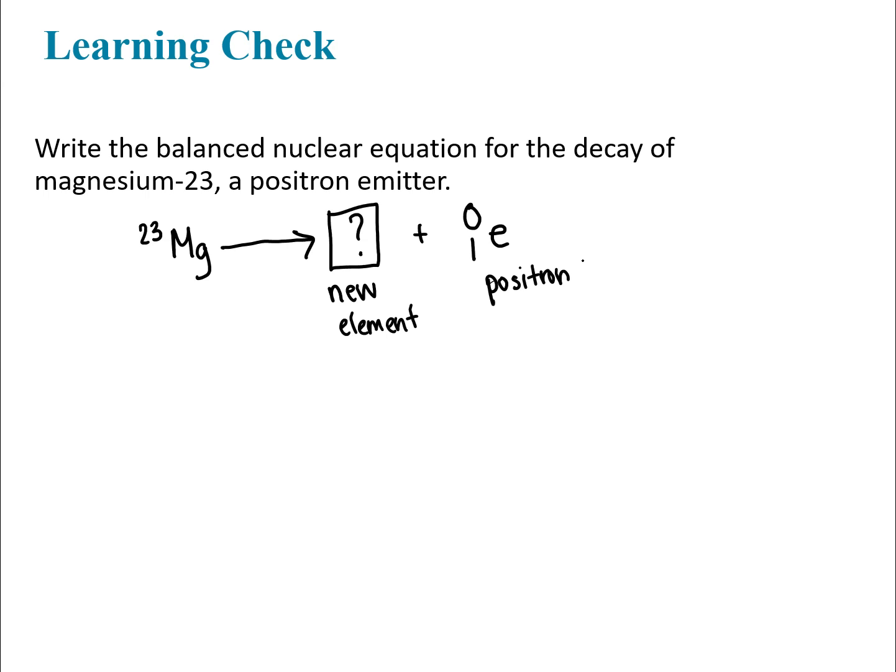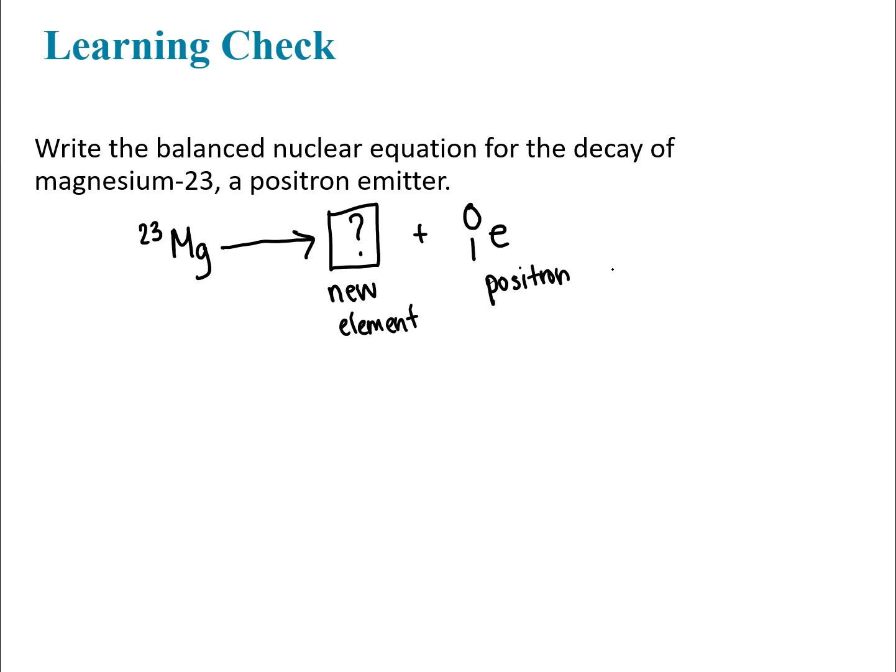That's that kind of anti-electron. So it's high energy. It doesn't have a mass number, but it's got a charge of +1. So its atomic number is 1. Just try taking a shot at this. See if you can figure out what the new element is going to be.